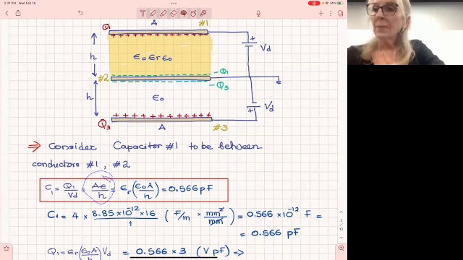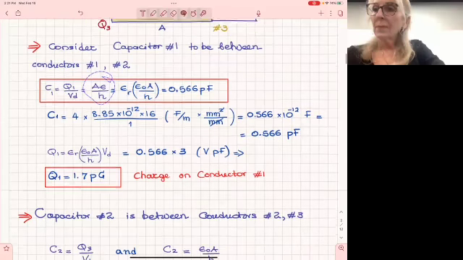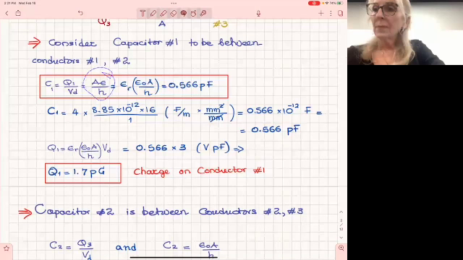So we have that C is equal to total charge Q1 divided by VD. Since we know V sub T was given to us, we know the capacitance, then we can find Q1. And we found that Q1 is 1.7 picocoulombs.